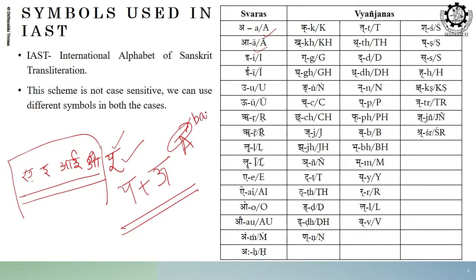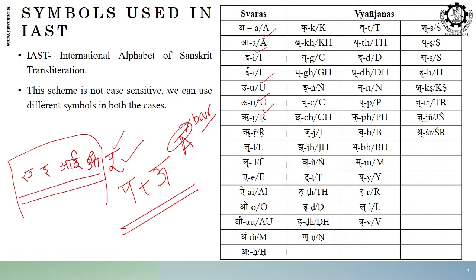So, you pronounce it like a bar, either uppercase or lowercase. Similarly, ikara, the short one, is i. Then the longer ikara is i bar. Ukara, the short one, is u. Then the longer ukara is u bar, again u bar.